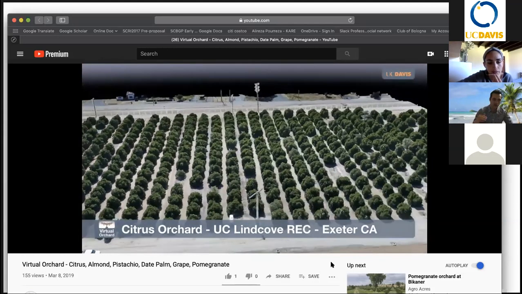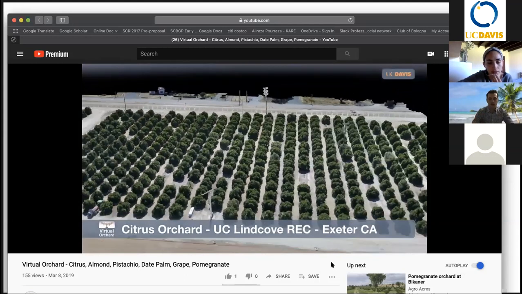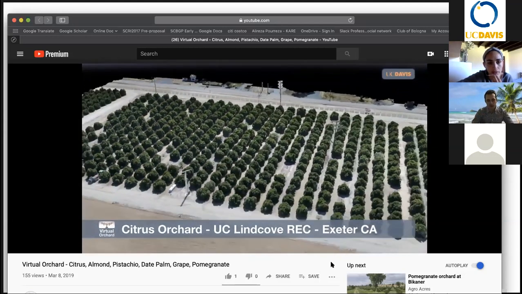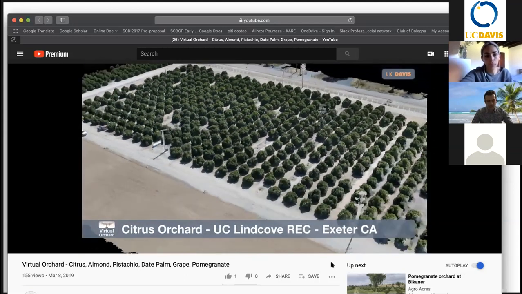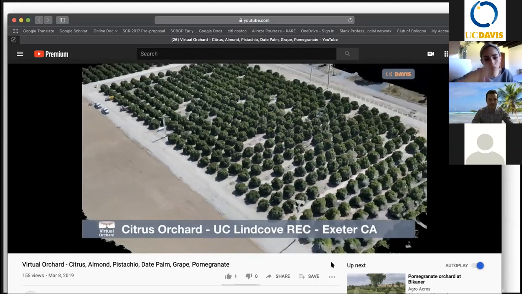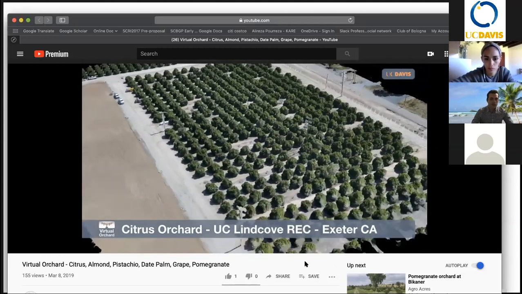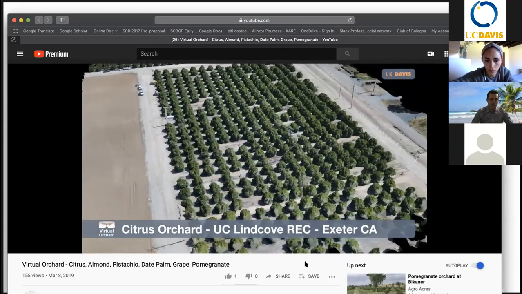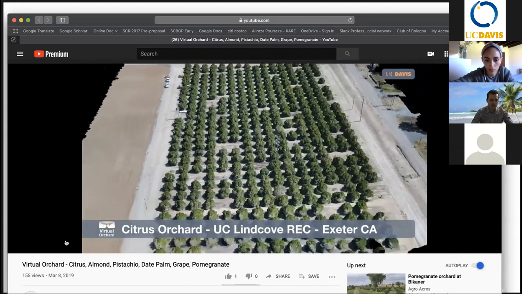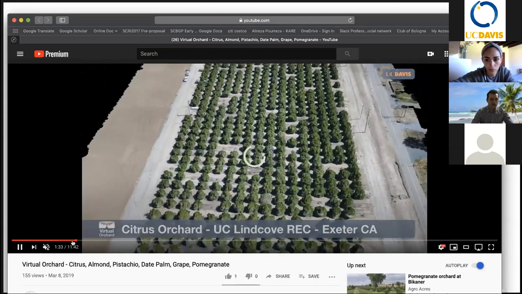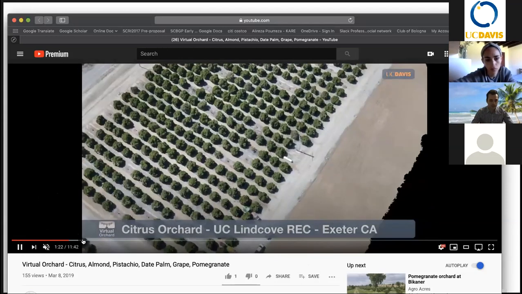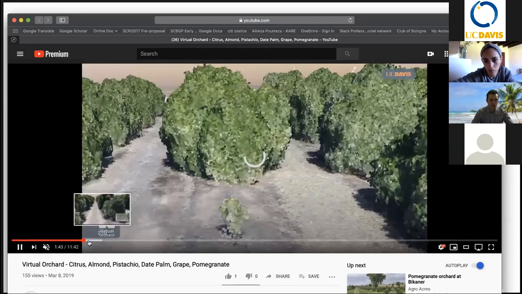We usually do nadir imagery, but in this case, we do oblique because we want to see the side of the canopy, and by using photogrammetry, we can stitch all of these images to generate something called a densified point cloud.